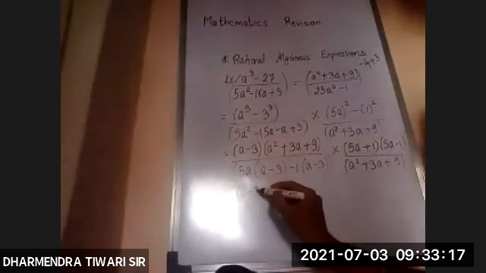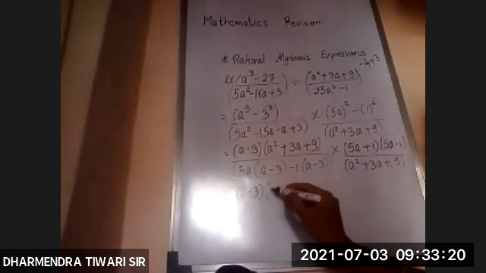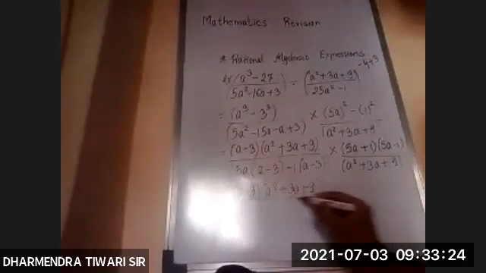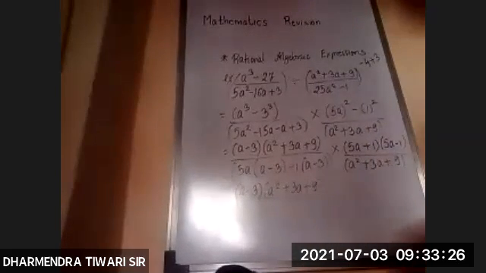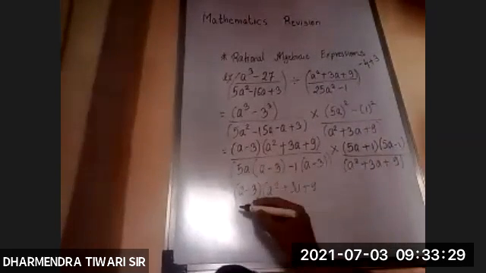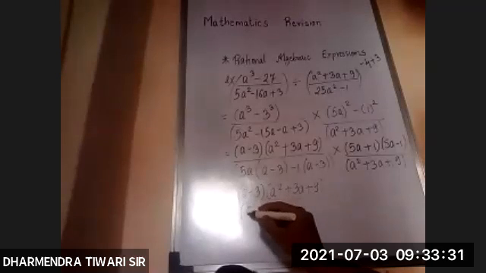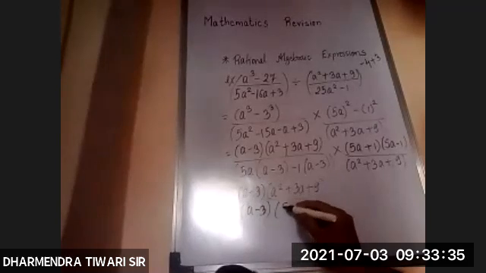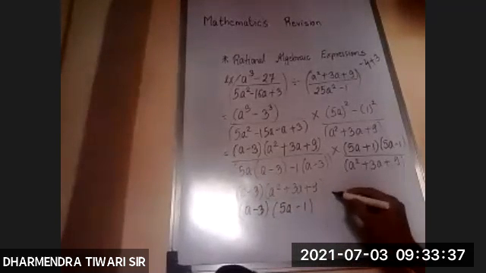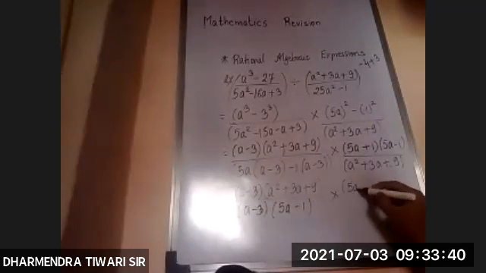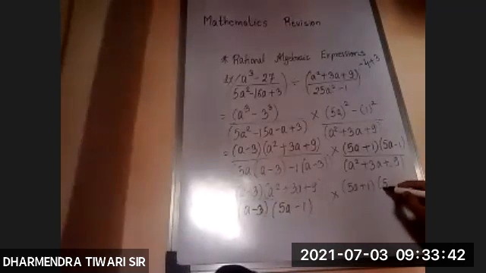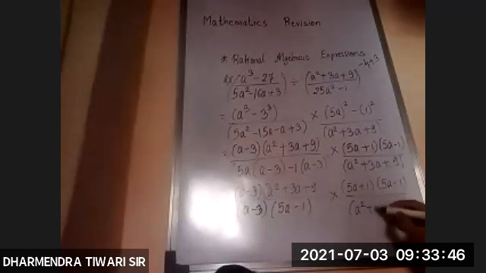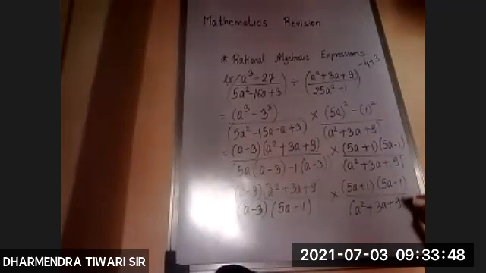A minus 3, a square plus 3a plus 9, divided by, a minus 3 is common. What we will get? 5a minus 1 into 5a plus 1, 5a minus 1 upon a square plus 3a plus 9.